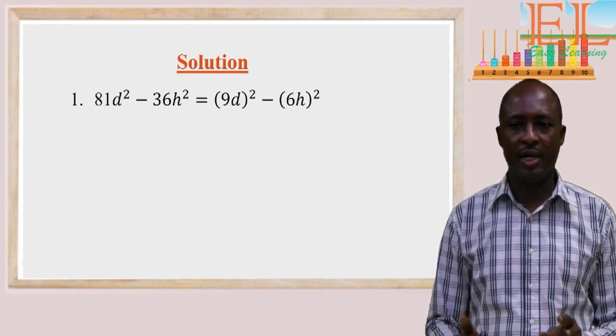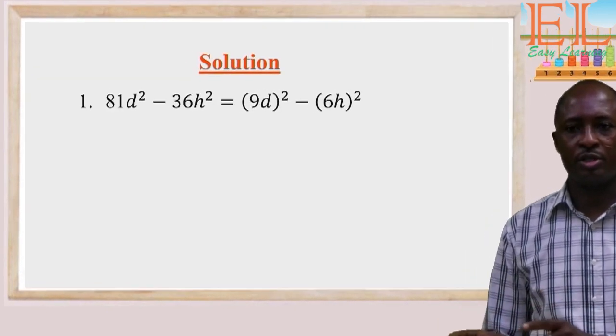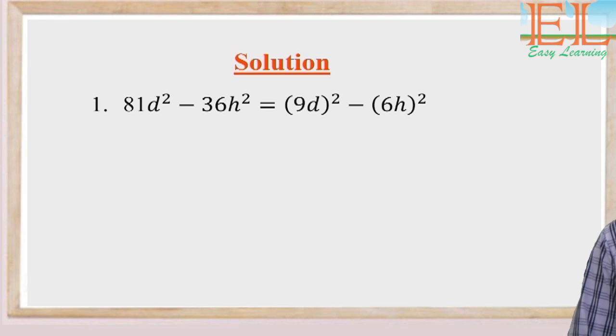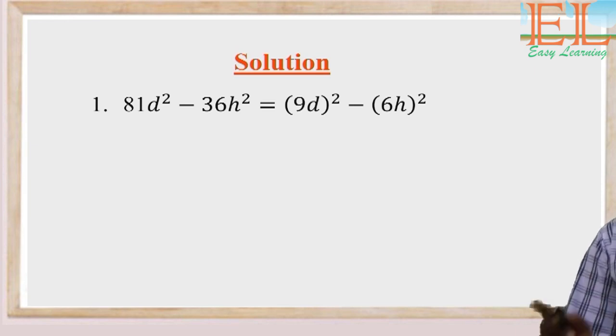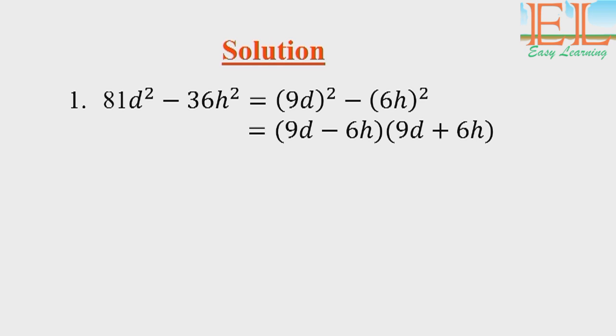So I can write them as 9d all squared minus 6h all squared. This gives me difference of 2 squares. And applying the same principle, I'll now have 9d minus 6h times 9d plus 6h. And I'm there.